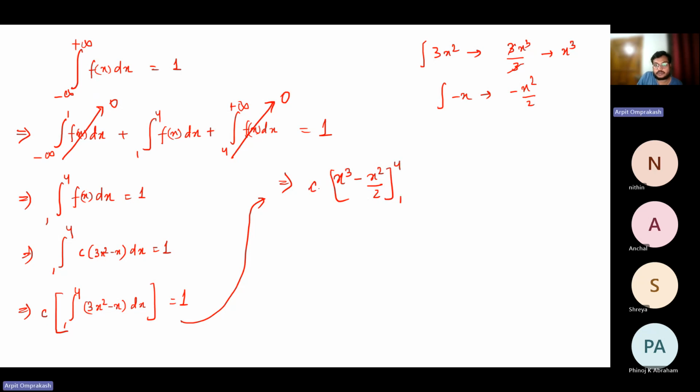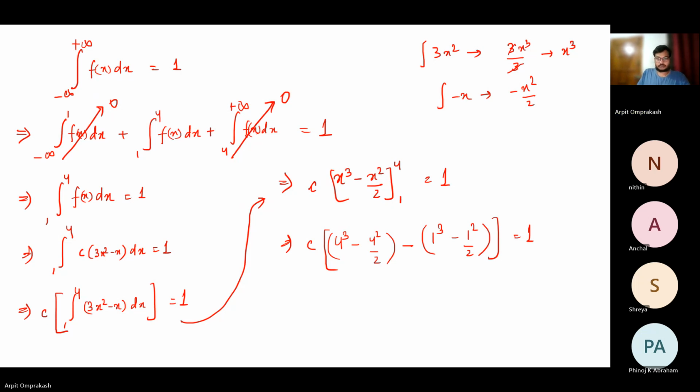So c into this is equal to 1. So we'll just substitute these values here. So c into 4 cubed minus 4 squared by 2, minus 1 cubed minus 1 squared by 2, equal to 1.